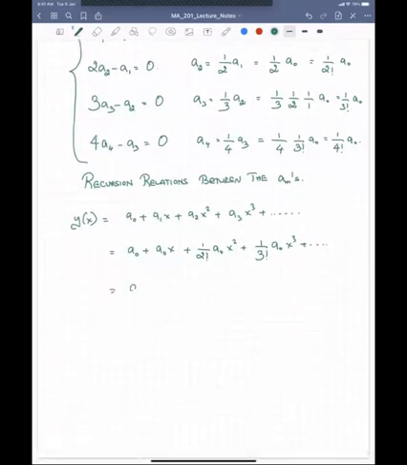And this can be written as a very neat power series, a power series that actually sums to something that is very familiar. So y of x in this case is just a0 e to the x.